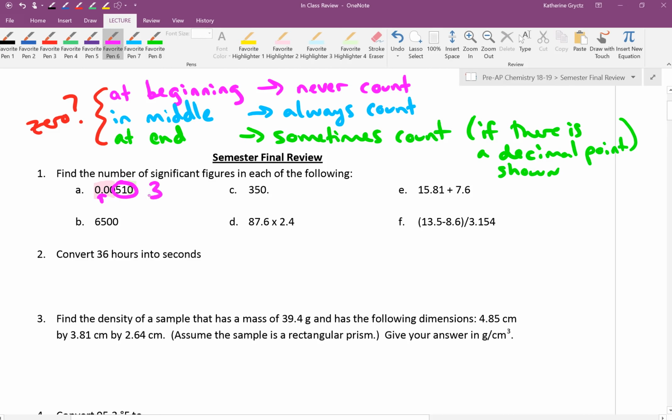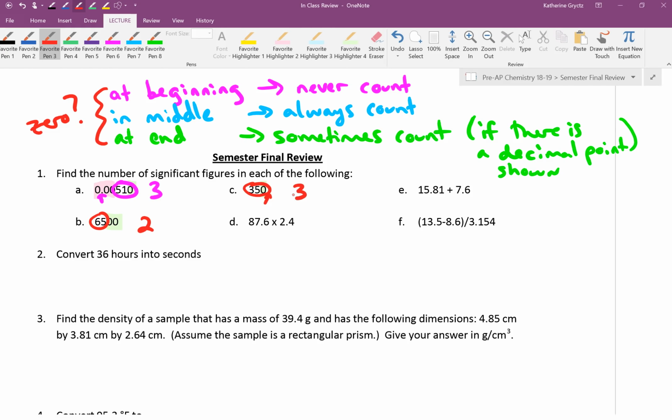This one has 3. So B has 2 zeros at the end. There is no decimal point shown in the entire number. So this one is only going to count these 2 guys. Okay. C has a 0 at the end. There is a decimal point shown in the number. So they're all going to count. You're going to get 3. So that's purely counting. The things that you're looking for are the zeros.